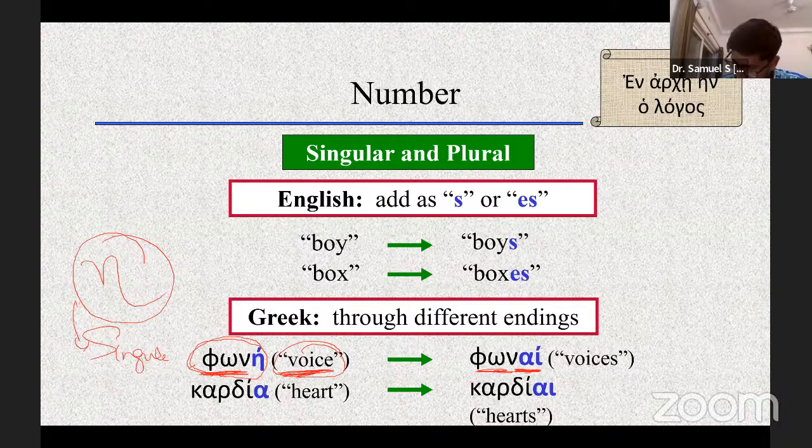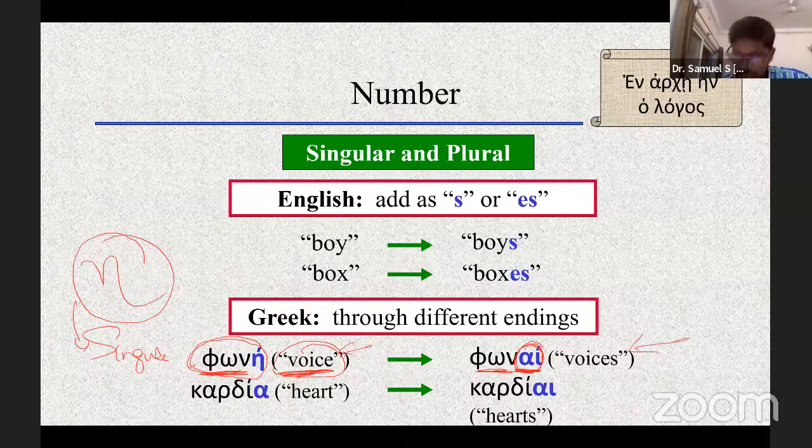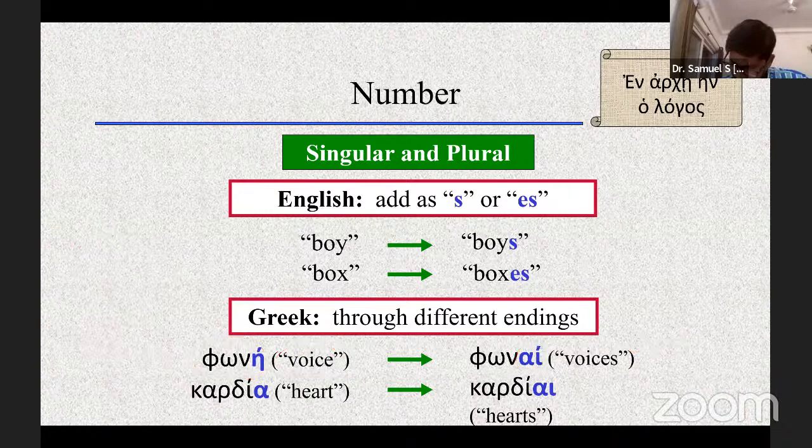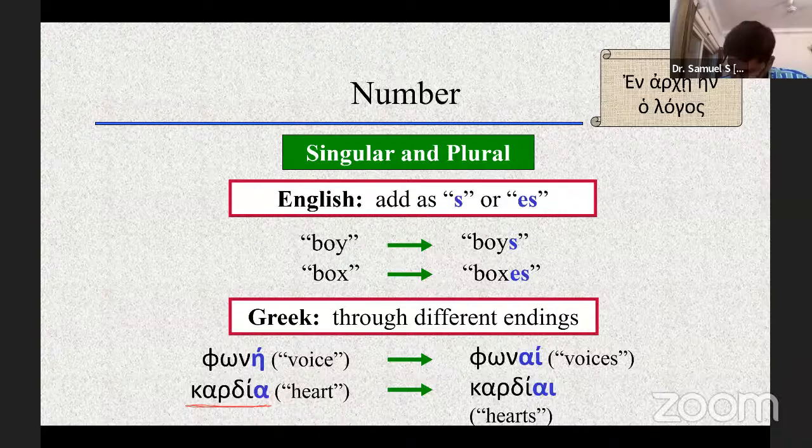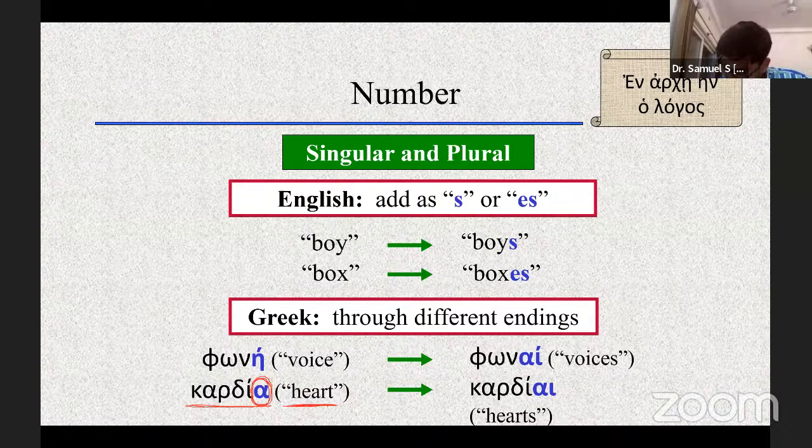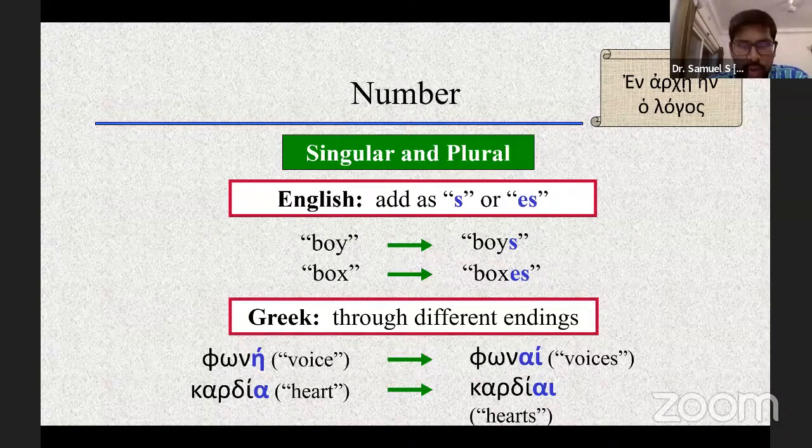Just the ending has changed in this first category of nouns. And now instead of voice, it's voices, plural. Cardia, the alpha ending is telling us that it is a singular heart. Cardiai, the I ending, is telling us that it is plural. Singular or plural. Every noun could be either singular or plural.